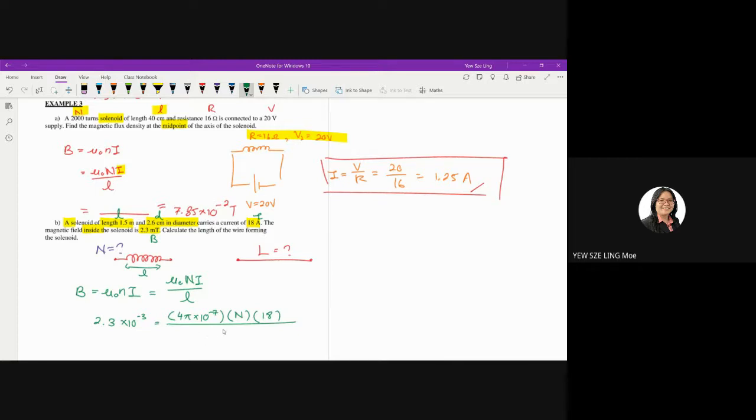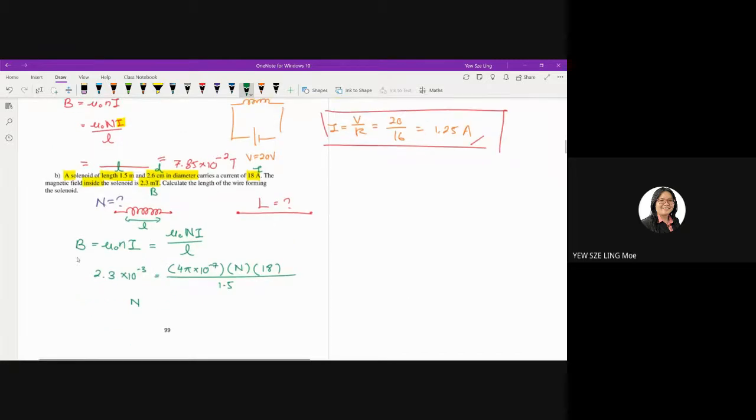So the length of the solenoid is 1.5 meter. Rearrange the equation and you will obtain a value with decimal point, which is 152.5 turns. Now, when it comes to number of turns, it shouldn't be a value with decimal point.